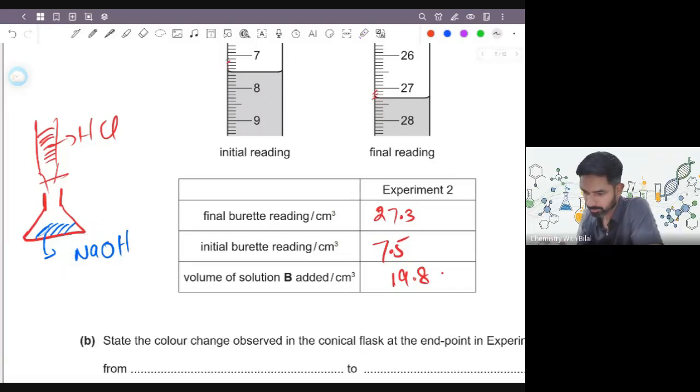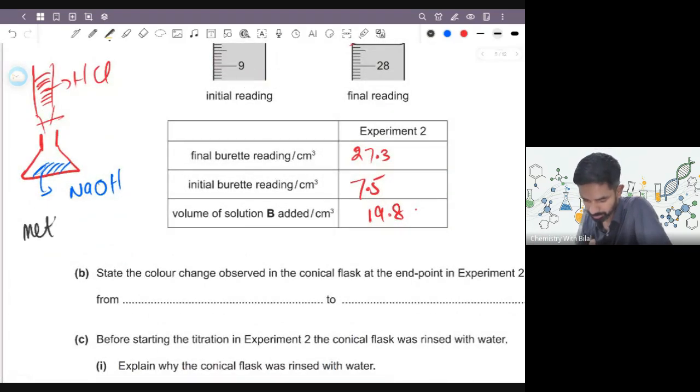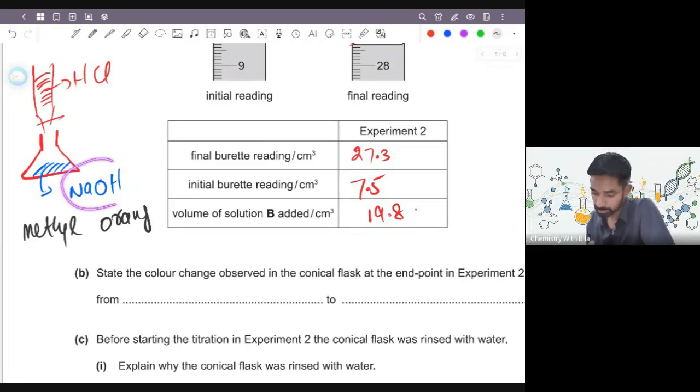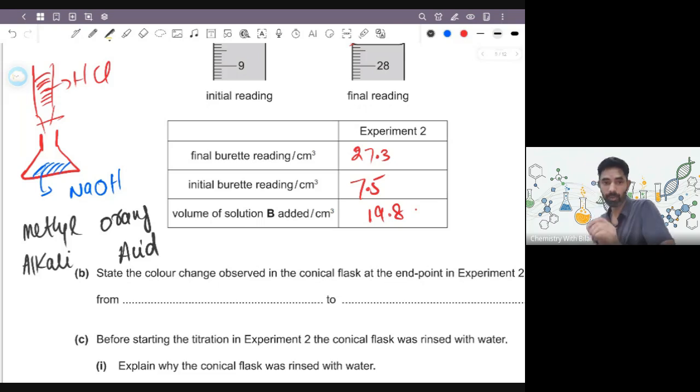इसका मतलब ये है कि वो जो मीथाइल ऑरेंज था, सबसे पहले हमने उसका कलर लिखना है किसमें, और कॉनिकल फ्लास्क में है क्या? What is inside the flask? NaOH. Alkali. So इसका मतलब ये है कि we will first write the color in alkali and then in acid, because at end point, even if you add 1 drop of excess of the HCl, the whole solution will become acidic.